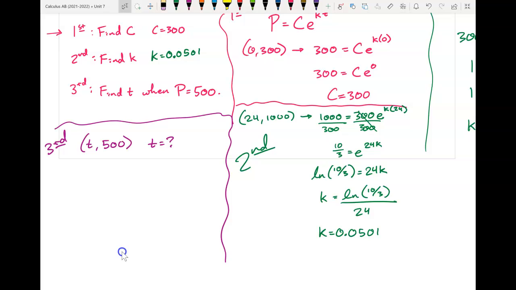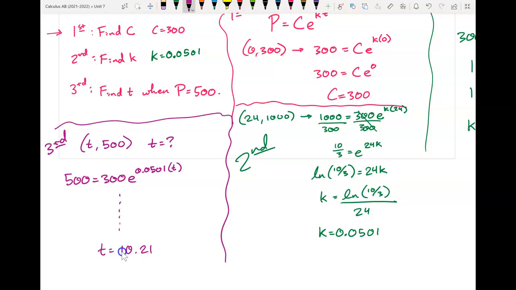But I now know my c, and I now know my k, and I can put that in. So that's going to be 500 equals 300 e to the 0.0501 times t. And I should be able to solve that. Okay, that's the setup.